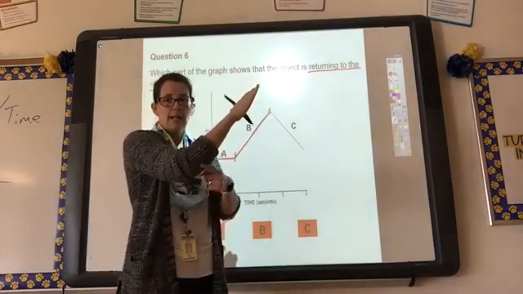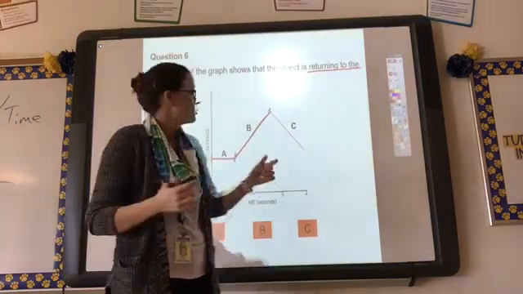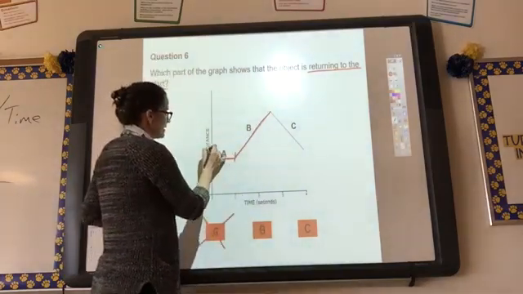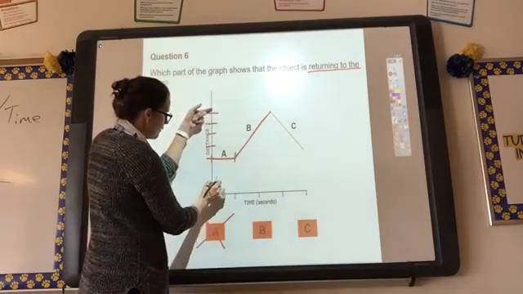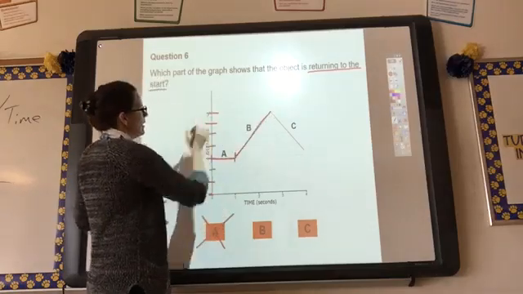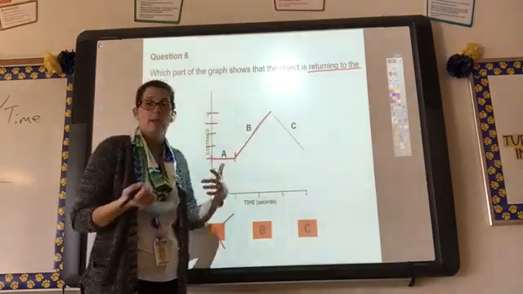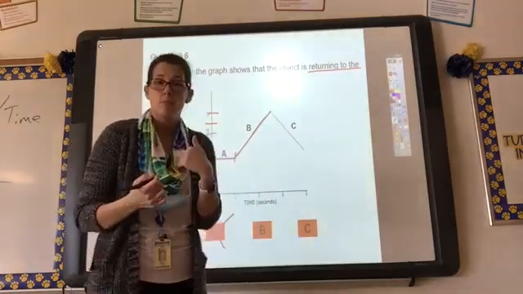We've got a nice diagonal line. We're moving at a constant speed. Super cool. But if you look at your distance, it's moving away from the starting point because it's going up. If it's going up, it means it's going away from the starting point. We want something that's coming back to the starting point. So we want somebody that's coming home, right?